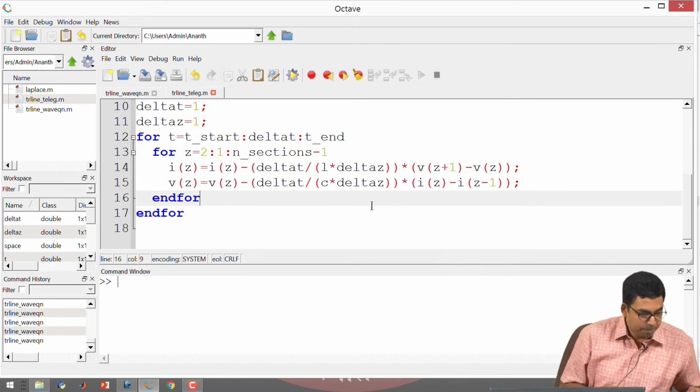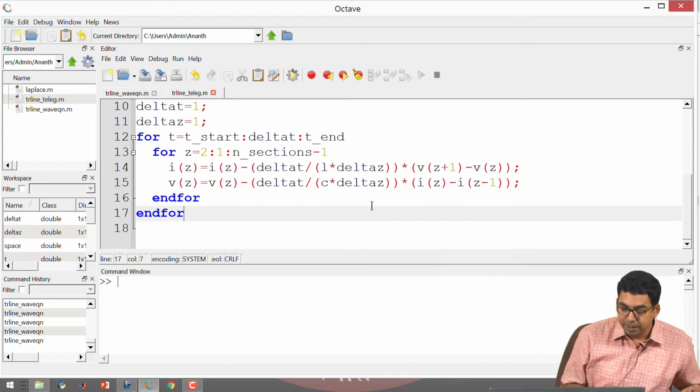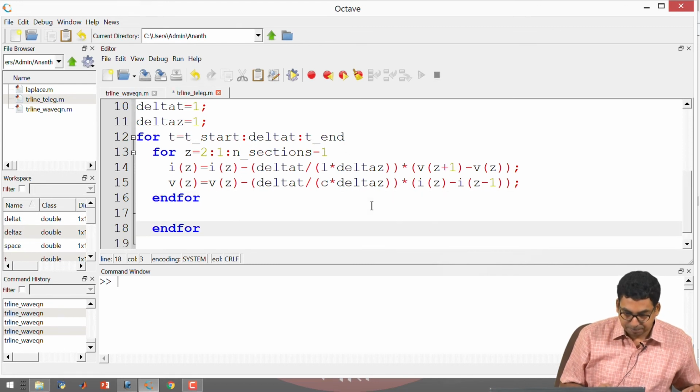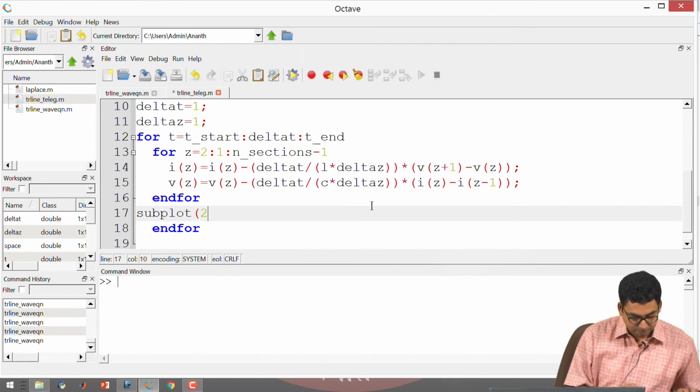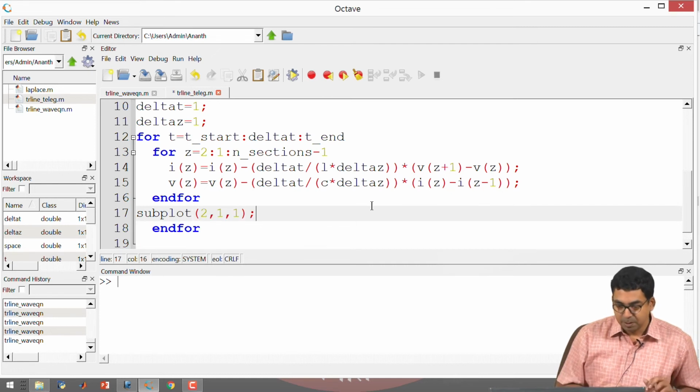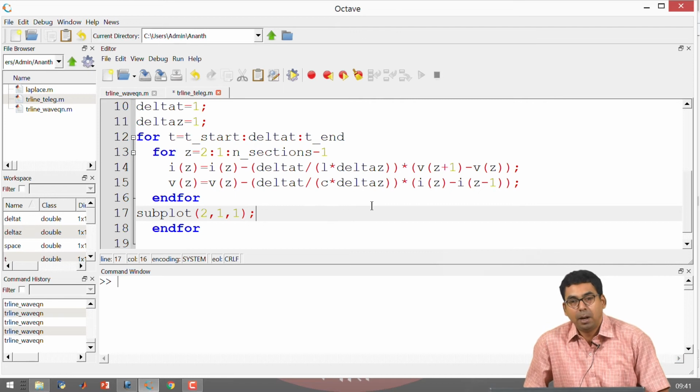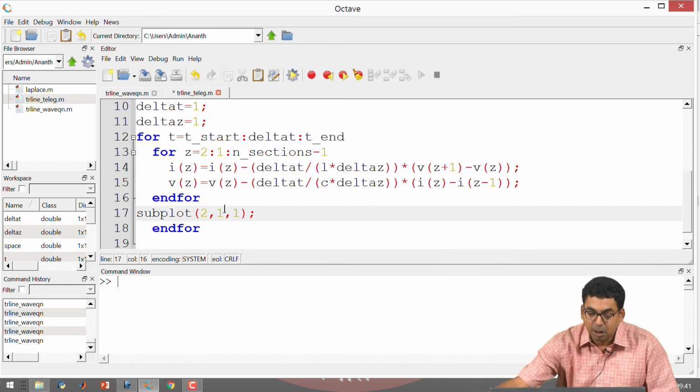Okay. So, at every instant of time, the subplot of 2 comma 1 comma 1 just says that it is going to divide your screen or a plot into 2 rows, alright, 1 column.